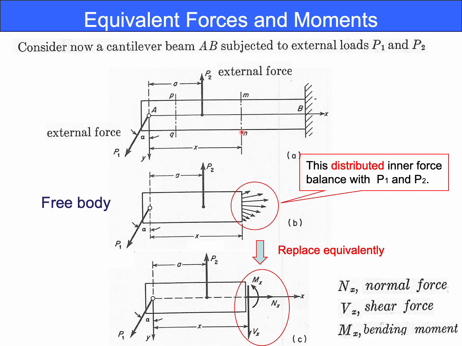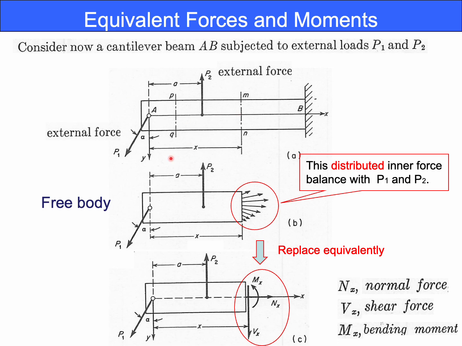Isolating a segment with this x, known as a free body. So the left part now becomes a free body. At this cut section, the complex effect of the internal stress, often referred to as the distributed inner force, is revealed.